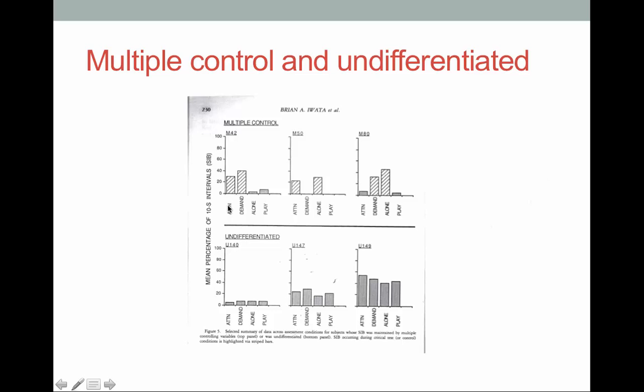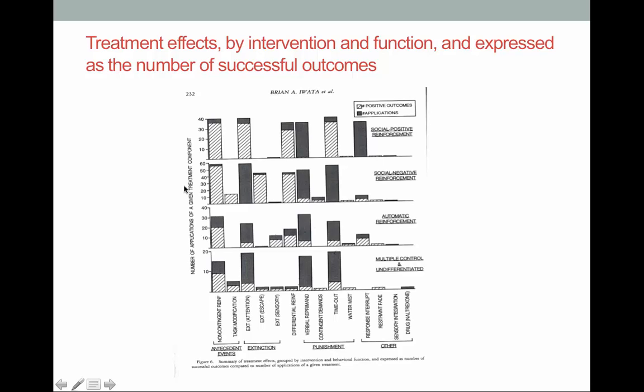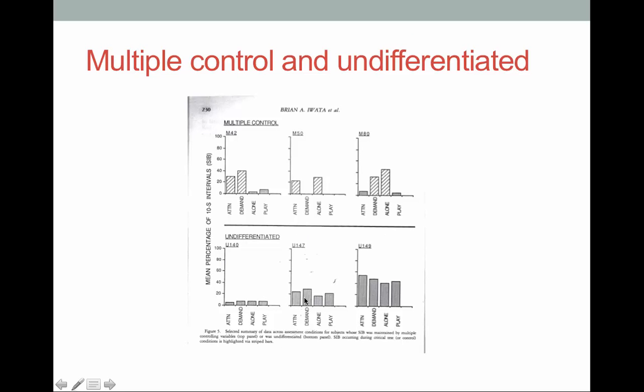So here's some multiple control: attention and demand clearly up, attention and alone clearly up, demand and alone clearly up. And then undifferentiated, as I said, low across the board suggests we just haven't found the right variable yet. And low and moderate across the board suggest the same thing.